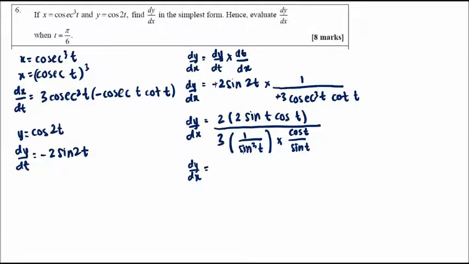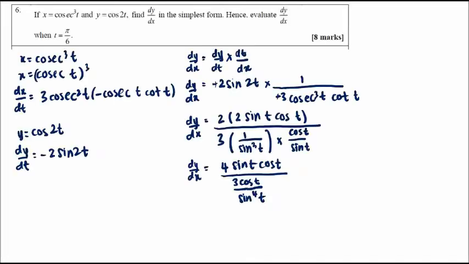Next we will have 4 sine t cos t, divided by 3 cos t over sine to the power of 4t.